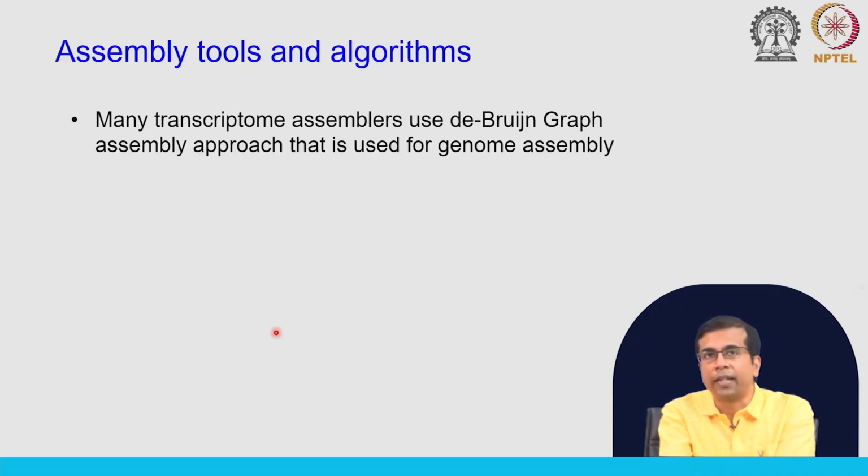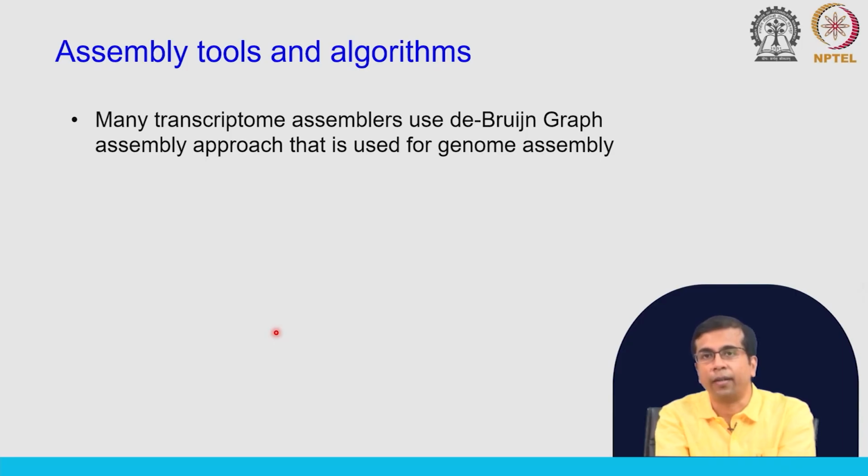Many of these assembly algorithms or assemblers, which are the tools, use something called the De Bruijn graph assembly approach. This is an approach that is also used for genome assembly. I will not go into this De Bruijn graph assembly approach, because we will discuss it when we talk about genome assembly approaches.